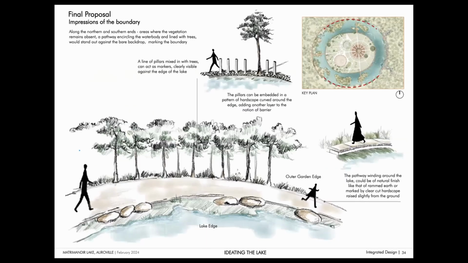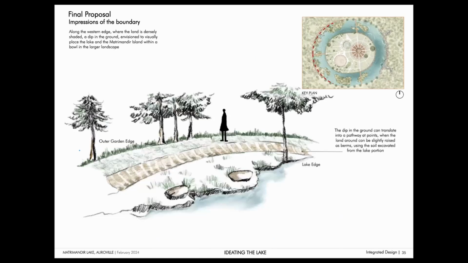And as one moves towards the northern and the southern edge, it becomes a little bit more structured, where the periphery of the outer garden actually gets defined through a much more formal pathway that helps define the edge of the water.